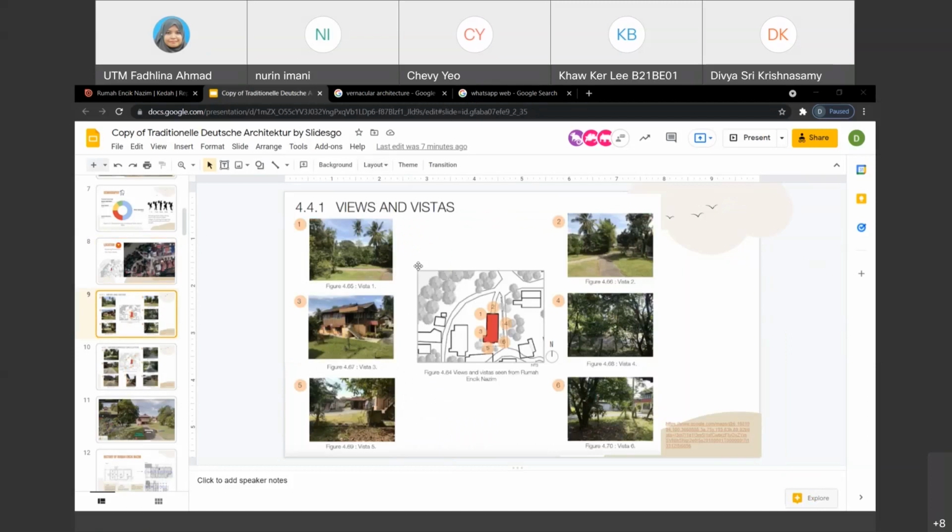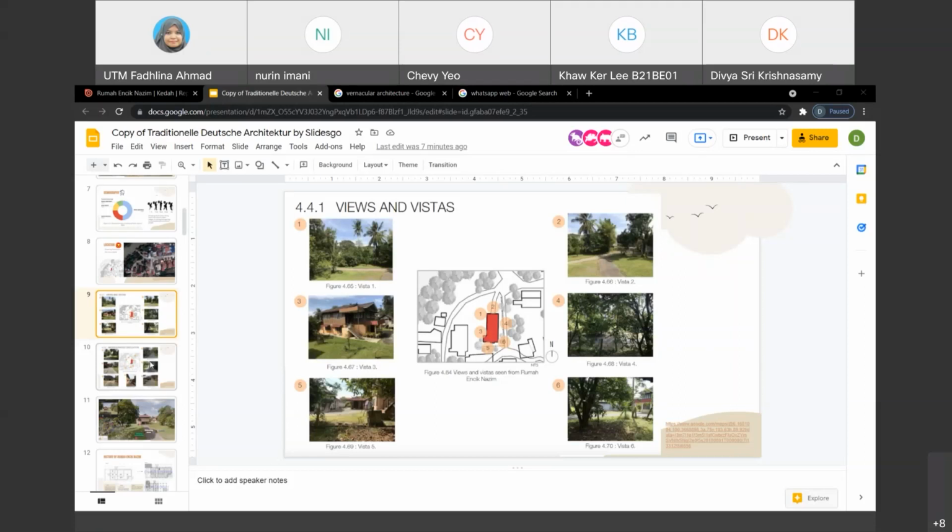Okay, those were the view and vista from Rumah Encik Nazim. This I also take from the measured drawing, because I tried to get some views in Google Map, but I cannot get them because the view is limited to the street view.